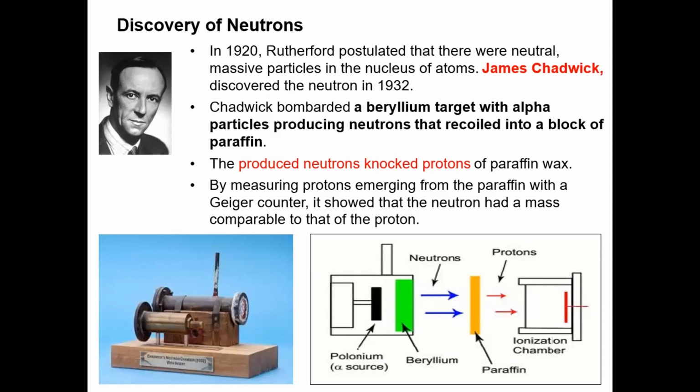In paraffin, neutrons collide and scatter, and this scattering produces the protons. It is kind of a billiard ball game in which the neutron hits the protons. Paraffin is a proton-rich environment, and these protons go to the ionization chamber or a Geiger-Muller tube like arrangement, where they are producing clicks and they are detected.